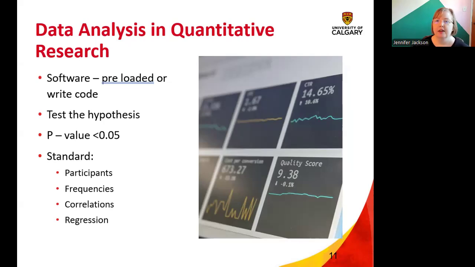So this will tell us, okay, high resilience scores predict higher quality of life. This doesn't just tell us the nature of the relationship, one goes up, the other goes down. It tells us exactly how much does this influence the other variable.